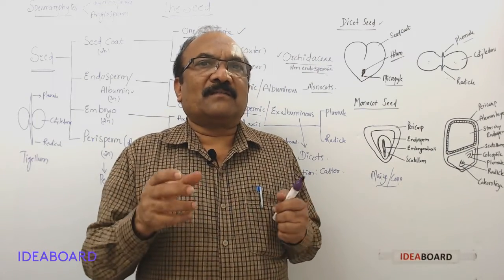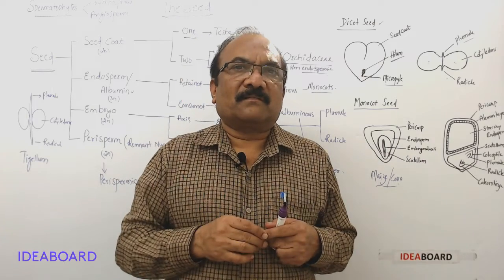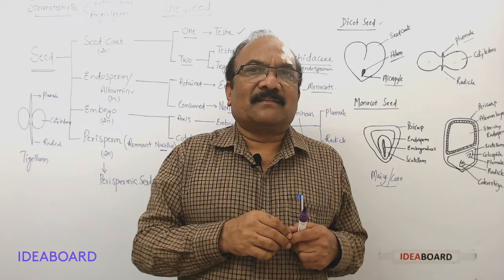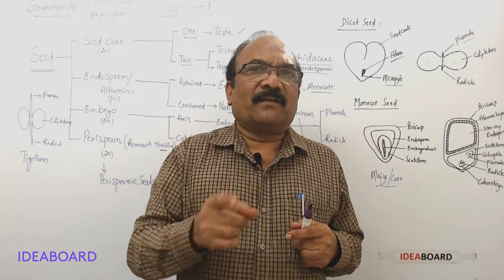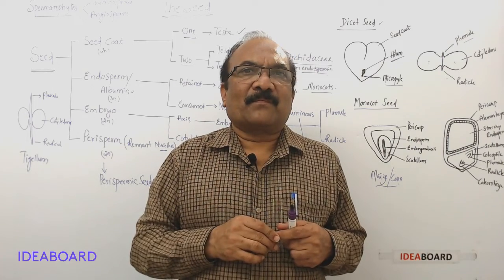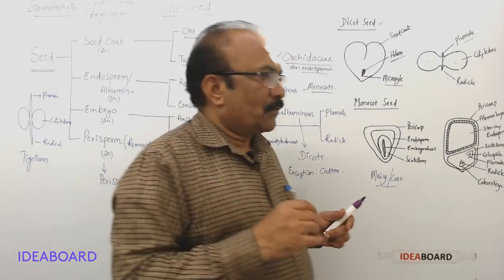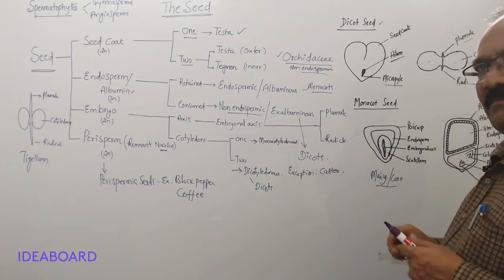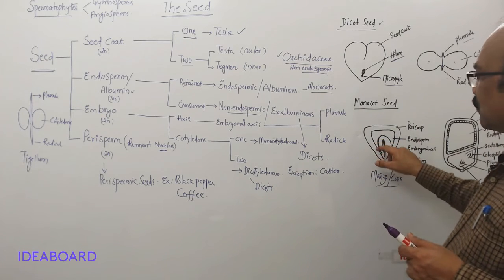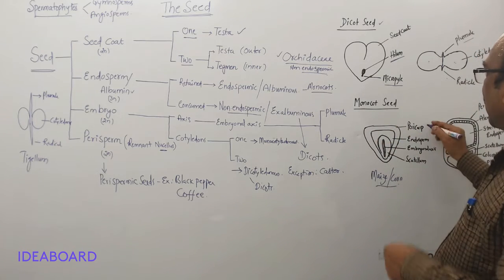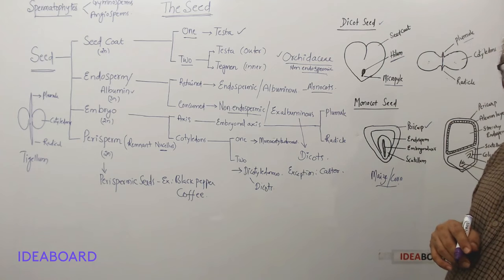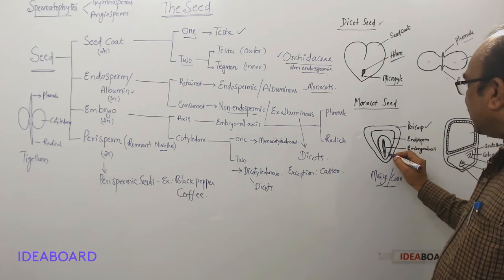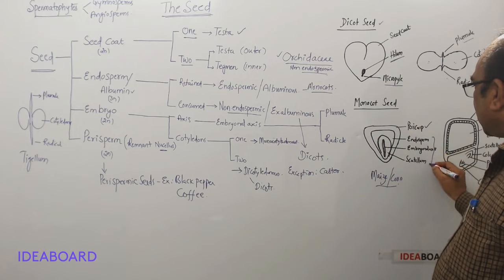The corn is actually a fruit, and inside that fruit you will find the seed, and inside that seed you will find the embryo. Okay, so you know that the shape of this corn will be like this, and outside there is pericarp, that is fruit wall, and inside this is the seed. So the whole thing is what? Seed.